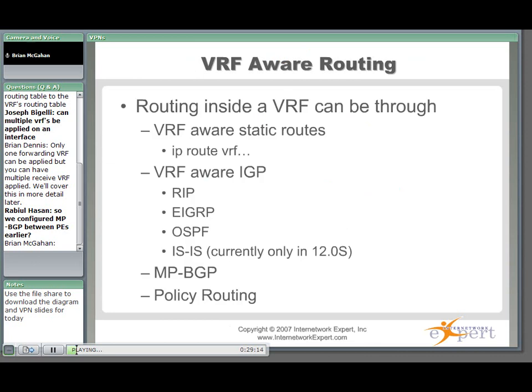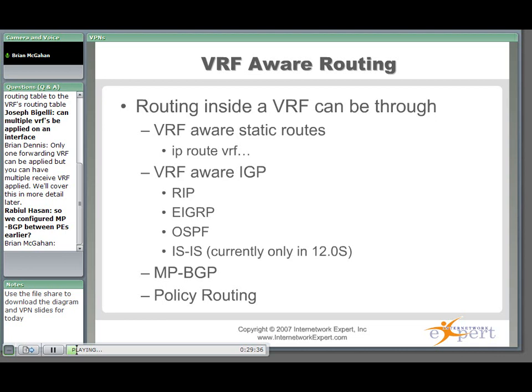So now that we have these interfaces in the different VRF tables, they're outside of the global table. In order to get routing information to pass across these interfaces, we're going to have to be running VRF-aware routing protocols. So for RIP version 2, for example, we're going to need to tell it what VRF instance you want to run this protocol on. We can do this with static routing.